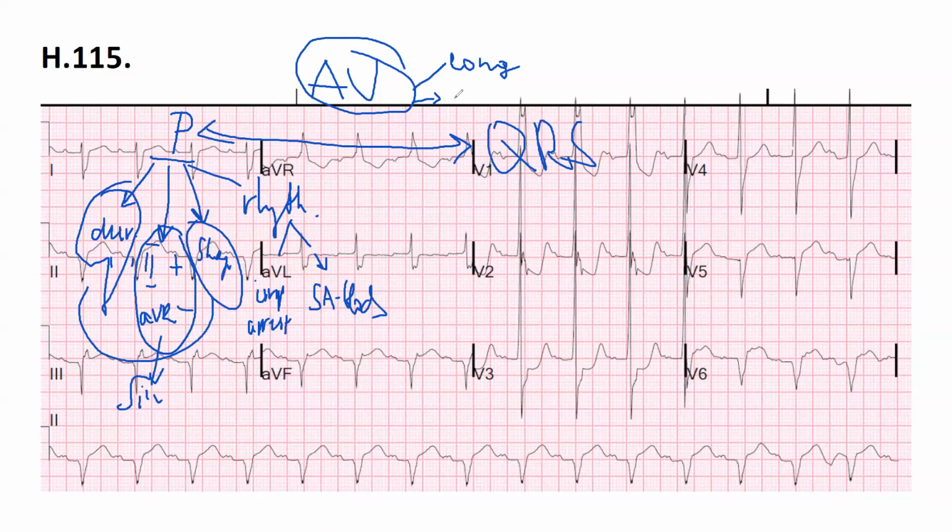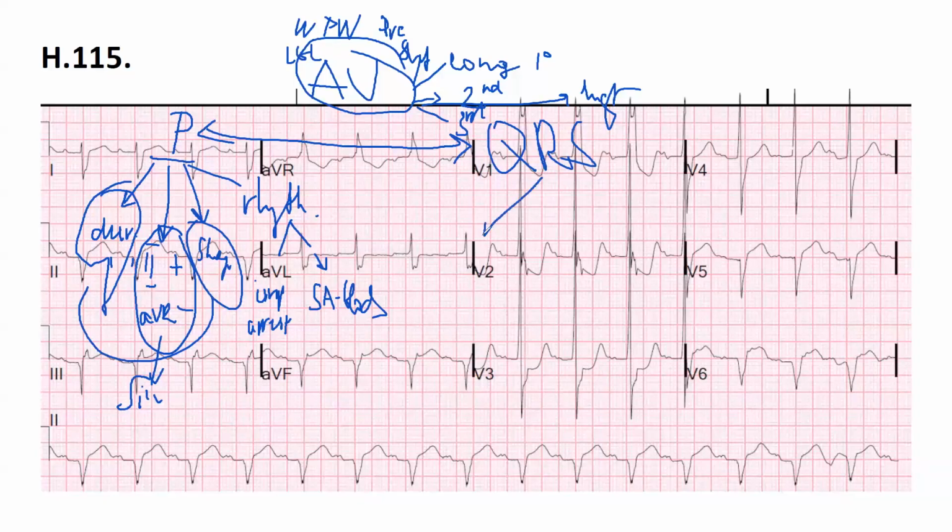We do have another block. Okay, that's a first degree block. That can be the second one. Or no connection, that's the third one. All right? Or sometimes yes, sometimes not. That's the high degree. Okay? And if it's short, that's the pre-excitation. That's WPW, for example, or LGL. All right?